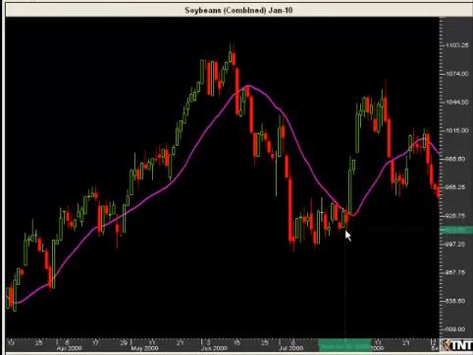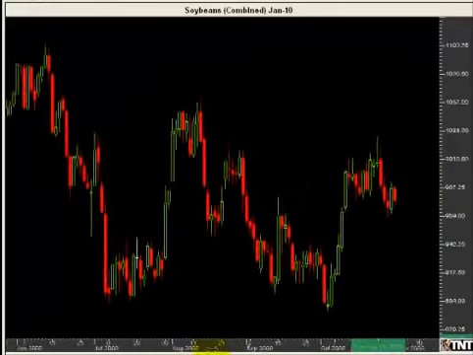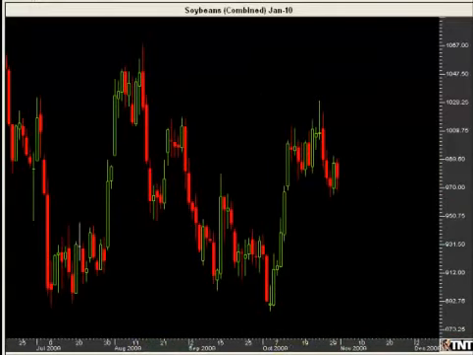Now, there's nothing wrong with that. You can certainly limit yourself to one side of the trade, but by just taking a look at what the price action was doing and saying, okay, the market is having trouble going lower, that gives you a suggestion that the market is perhaps going to head higher.